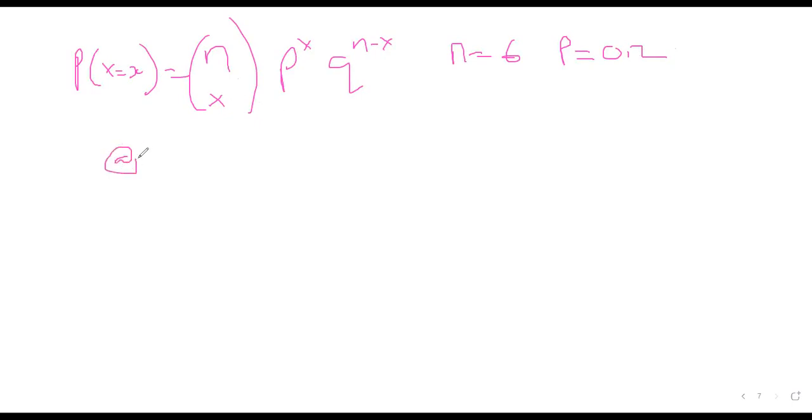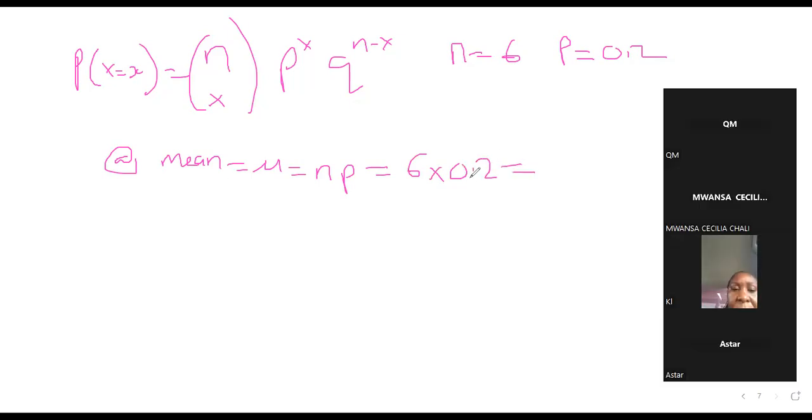Let's try to find the mean. The mean is given by np. Our n is 6, our p is 0.2. So when you multiply, we're going to get our mean as 1.2.